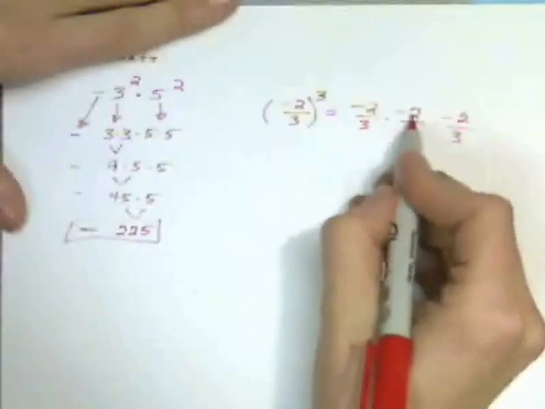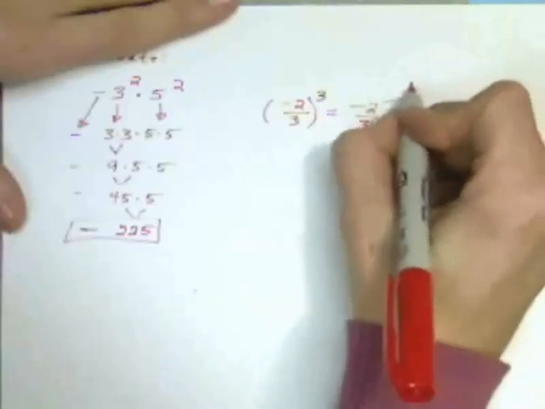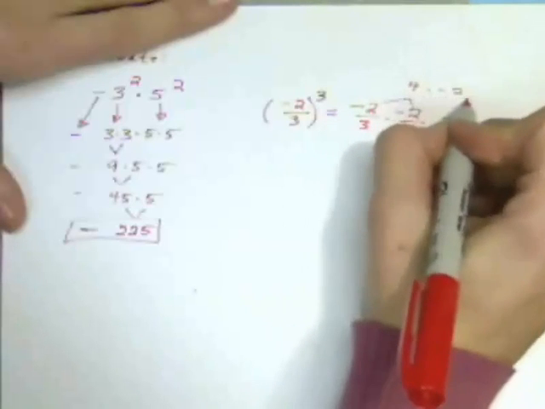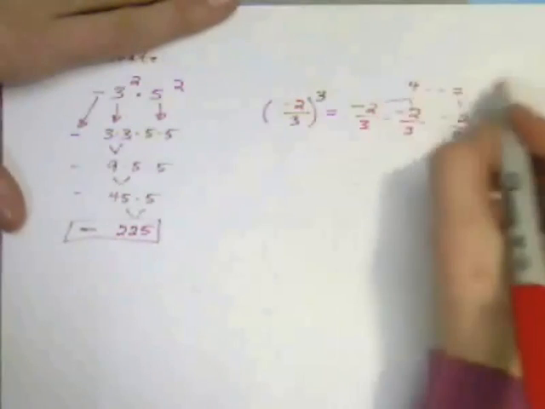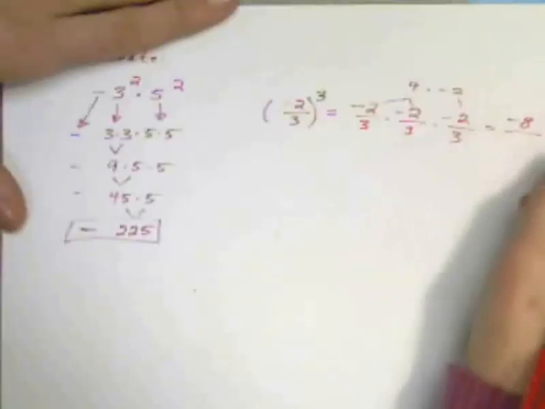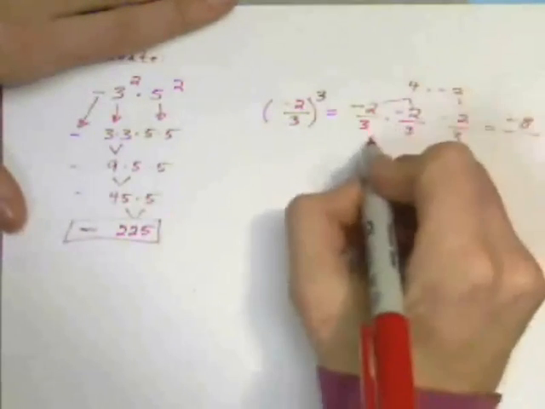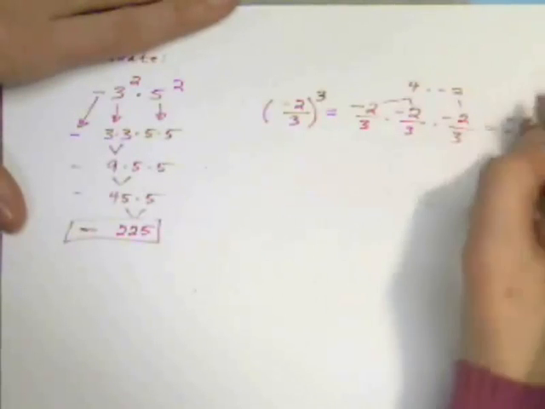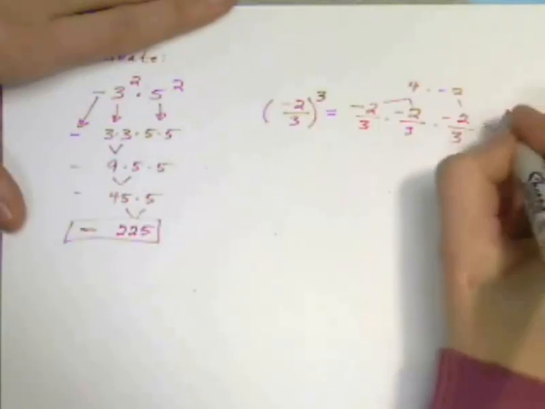Negative 2 times a negative 2 gives me, what is that, a positive 4? Then we still have another negative 2 right there, times negative 2. So across the top we get negative 8. And across the bottom we get 3 times 3 times 3. 3 times 3 is 9, times 3 is 27. So we get negative 8 over 27.